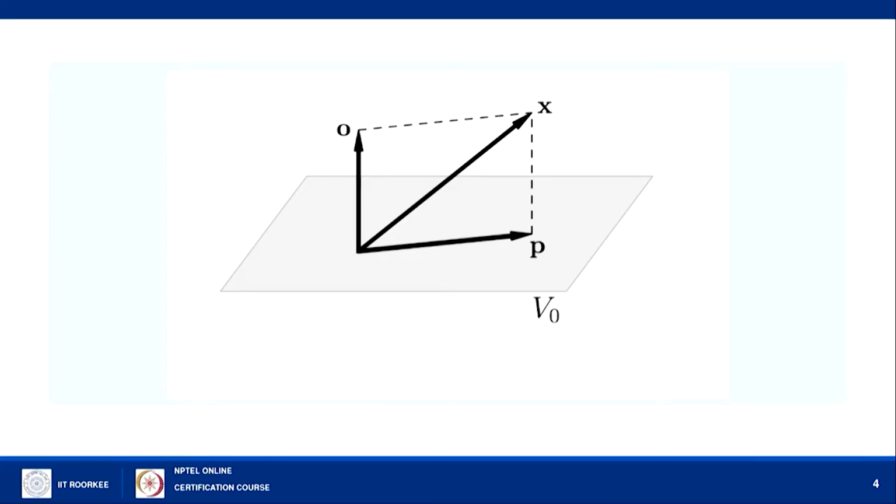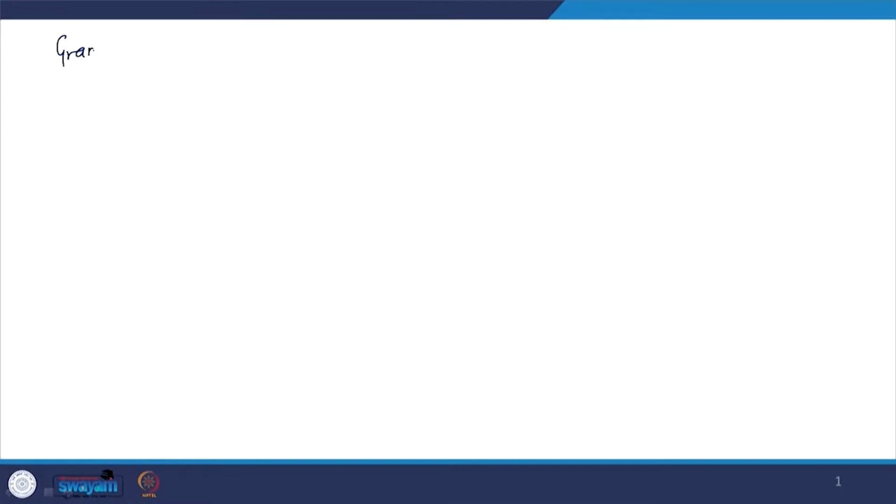Now, we will use these results to find a process by which we can convert a set of linearly independent vectors to a set of orthogonal vectors, and that process is called the Gram-Schmidt process. So, let V be an inner product space.